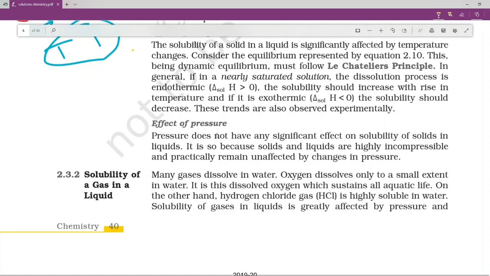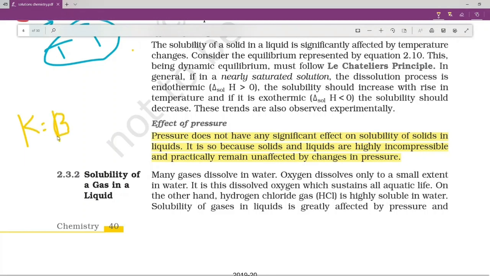So here you can see that pressure does not have any significant effect. You just underline that pressure does not have any significant effect on solubility in the solid and liquid state, because solids and liquids are highly incompressible. Highly incompressible means you can relate this point with the bulk modulus, that is K, the bulk modulus.